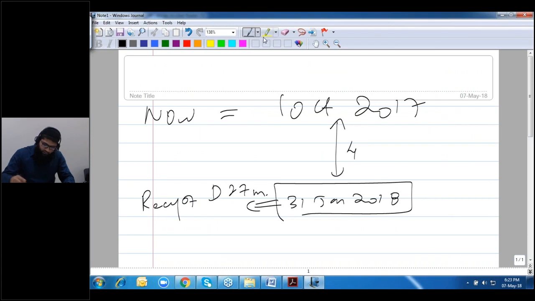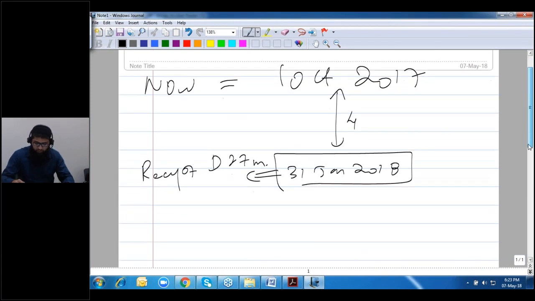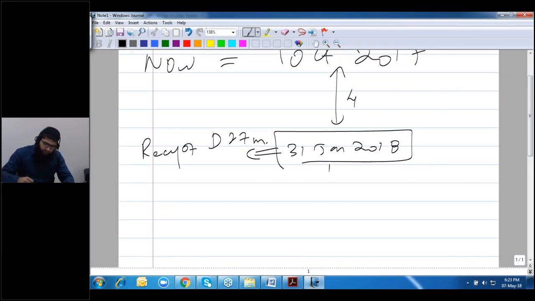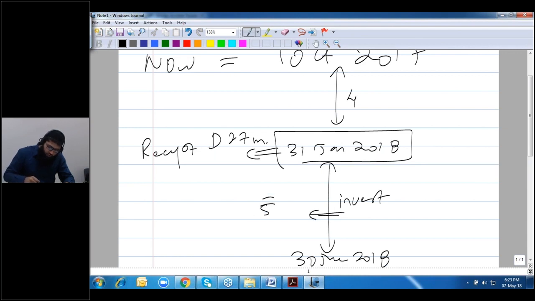So the company is expecting to receive the money in 4 months' time, and it is going to invest this money up till 30th June 2018, which is a period of 5 months.